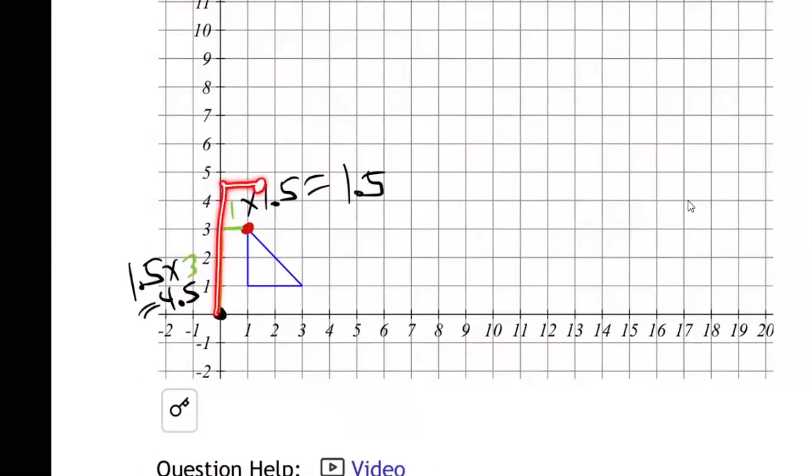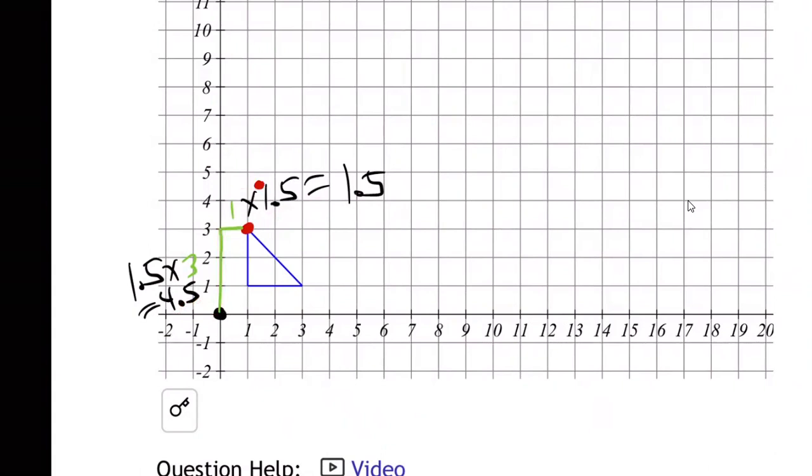Up 4.5 over 1.5. You can do half marks on this one. So I'm just going to put that down right there. That's going to be the new point right there. Again, it's up 4.5 over 1.5, because those are the numbers I got.